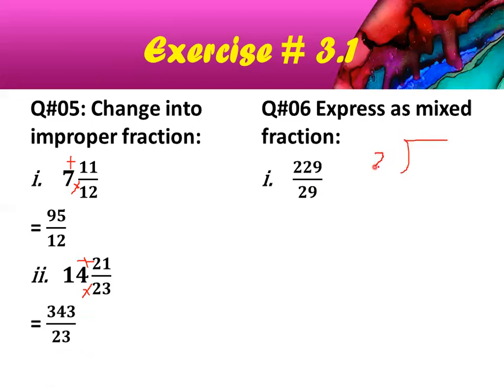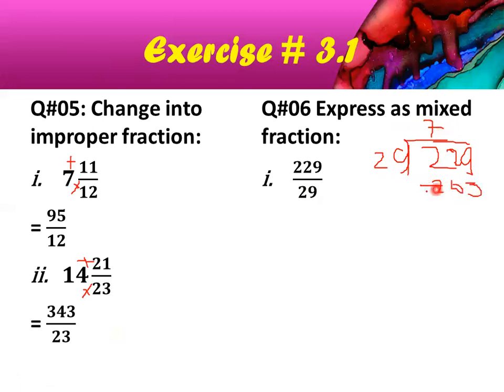Simply you will write 229 and then divide it by 29. Now 29 multiplied by 7 is equal to 203.